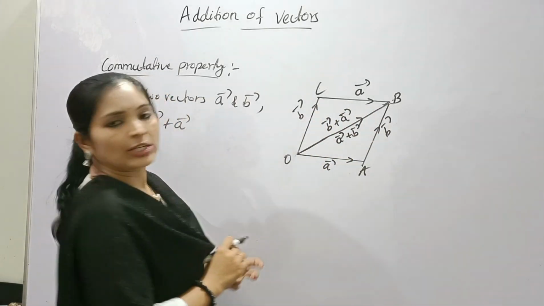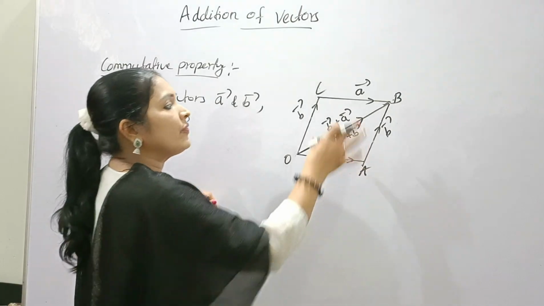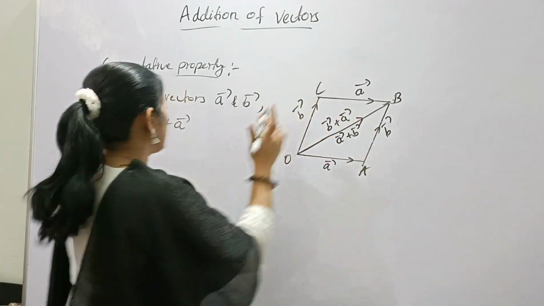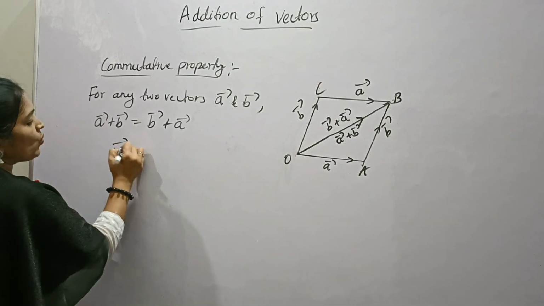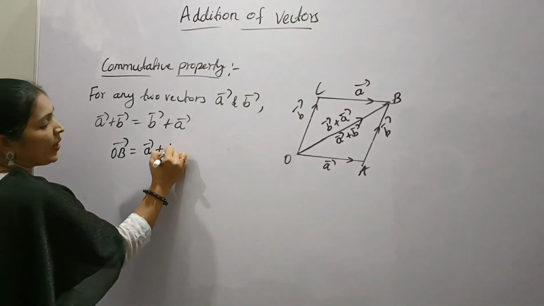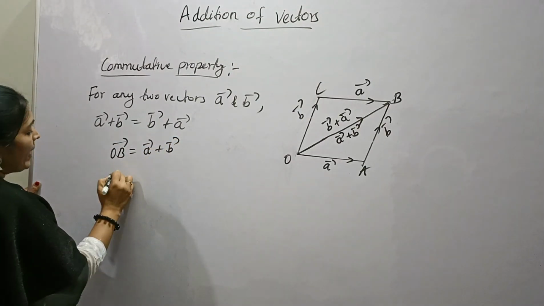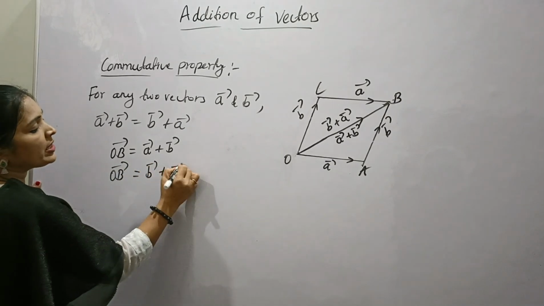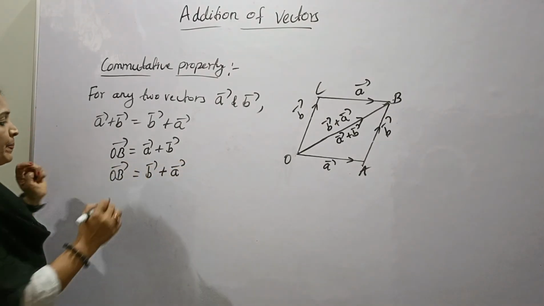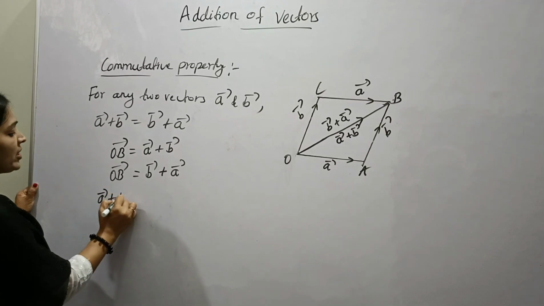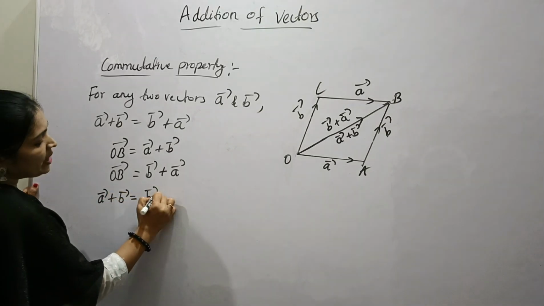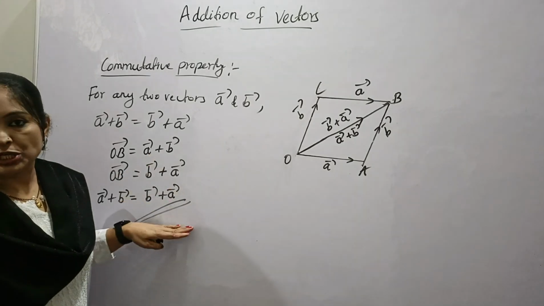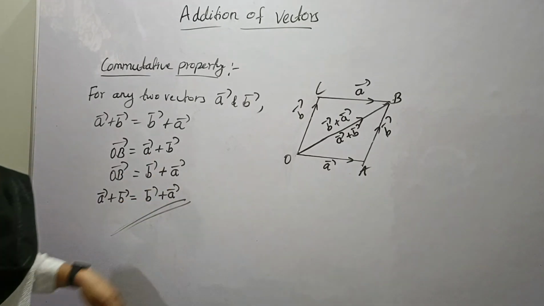So we have vector OB equal to vector A plus vector B, and vector OB is also equal to vector B plus vector A. That implies vector A plus vector B is equal to vector B plus vector A. Therefore, vector addition is commutative.